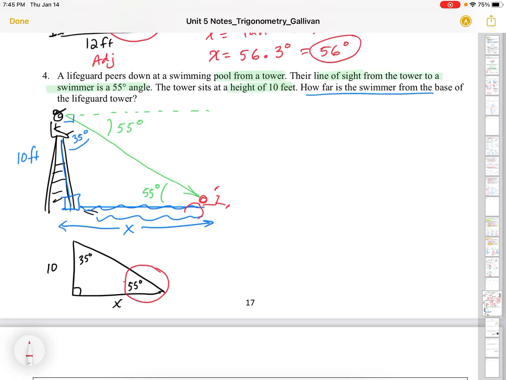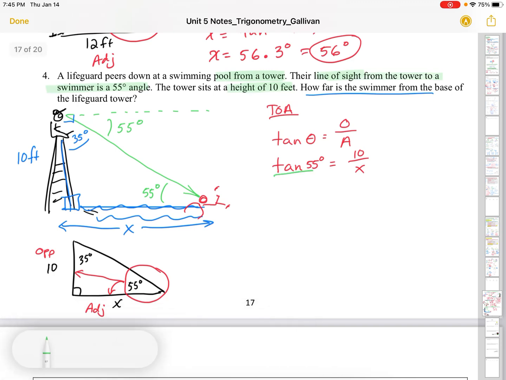Okay, so this side is opposite, and this side is adjacent. Okay, so I'm going to use tan because of TOA, right? Opposite and adjacent. So tan theta is equal to opposite over adjacent. So tan of 55 degrees is equal to 10 over x.